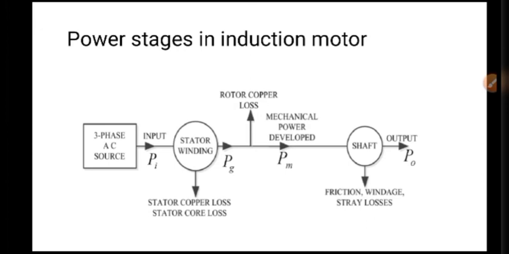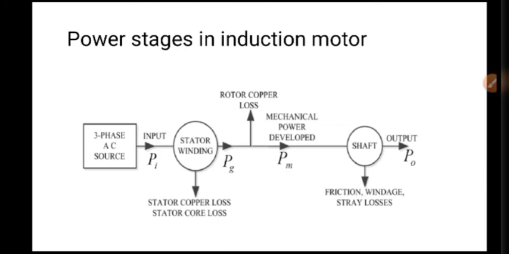Initially the rotor conductor is stationary. When current starts flowing through the rotor conductor, it produces torque and the rotor starts rotating. After that, flux cutting occurs, EMF is induced inside the conductor and current starts flowing through the rotor conductor.